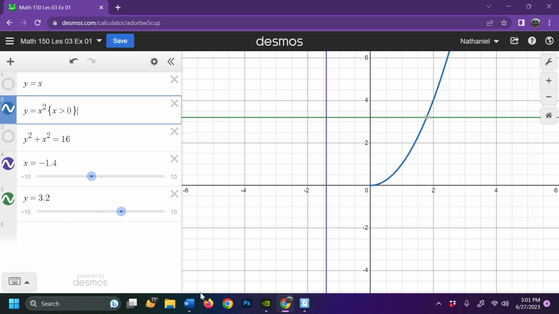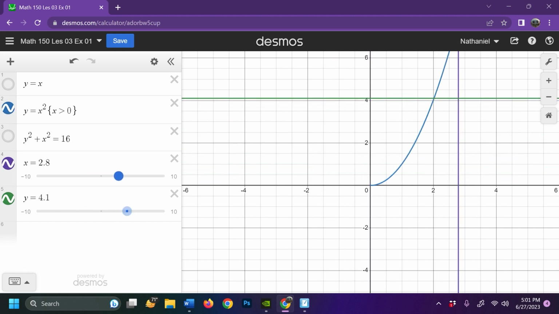And so this says now we are talking the function y is equal to x squared with the domain limitation x is greater than 0. And so right now it passes both the horizontal line test and the vertical line test. So this particular function with the domain limitation is one-to-one.